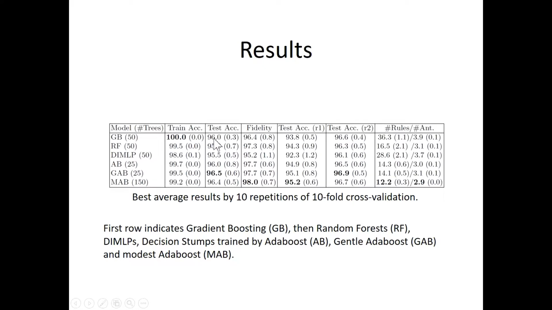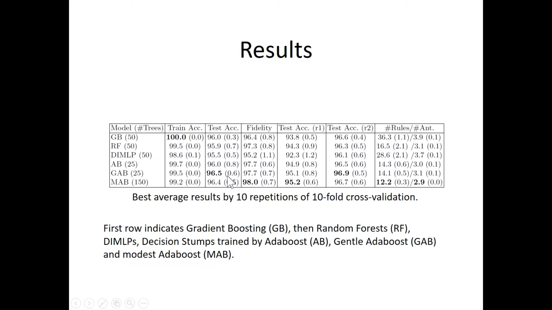It's 96% on average. The best was here with 96.5 with gentle AdaBoost for stumps. Sorry, for shallow trees. And so it's just the model.